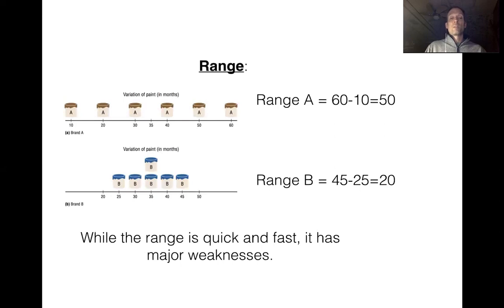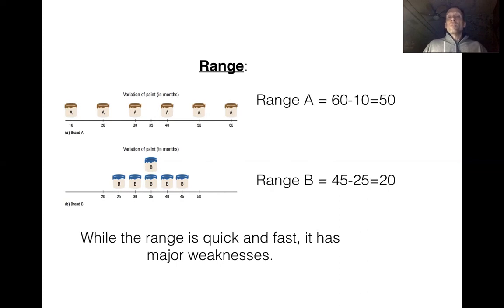So what it's telling us is that data set A is taking up physically much more room on the number line than data set B. In data set A there are 50 hours between the minimum and maximum dry time, and in B that's only 20 hours. So B would have to be physically a much tighter window. That lets us know that A has to be more spread out, more widely dispersed than data set B.